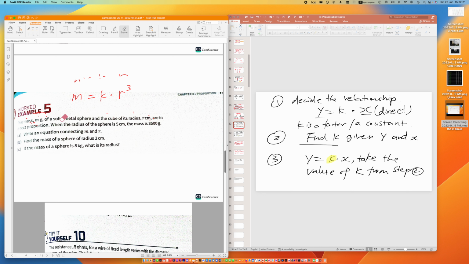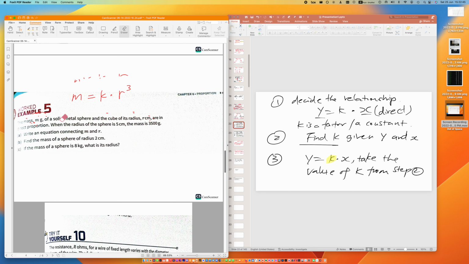Replace your m with 3500, replace your r with 5, then you can find k.